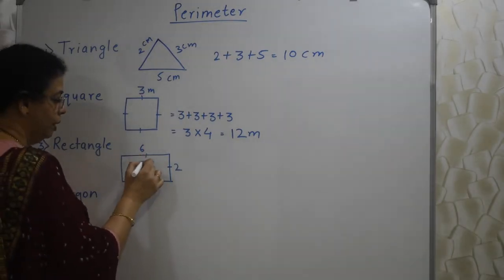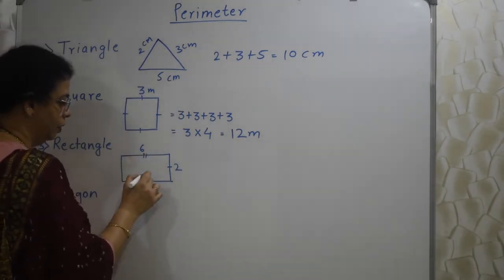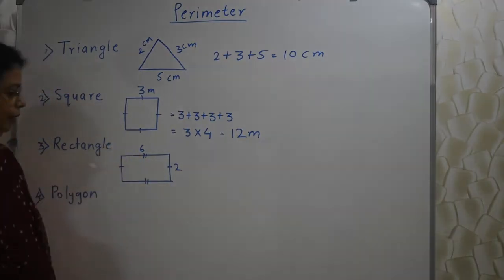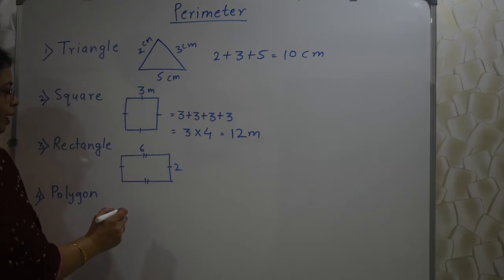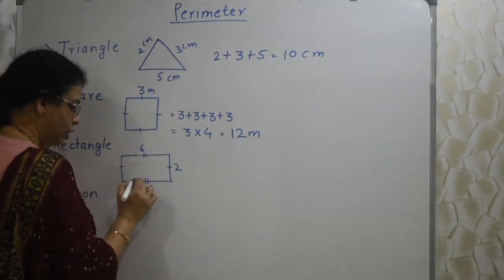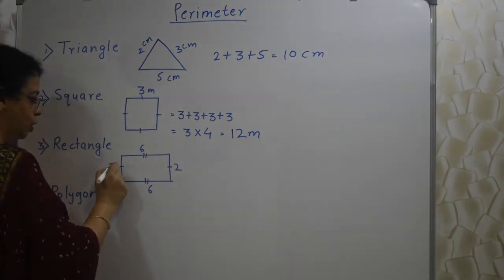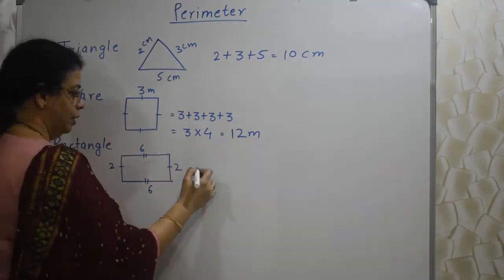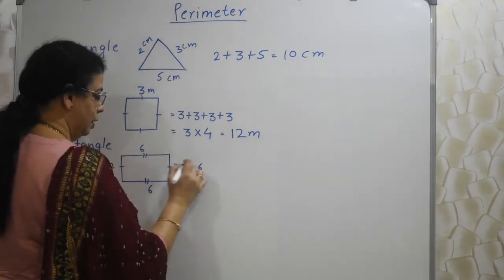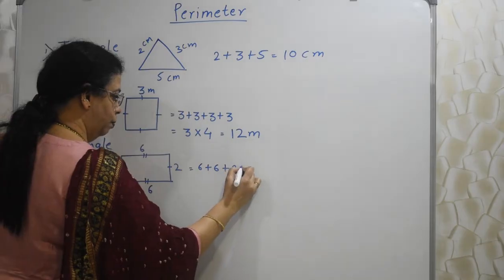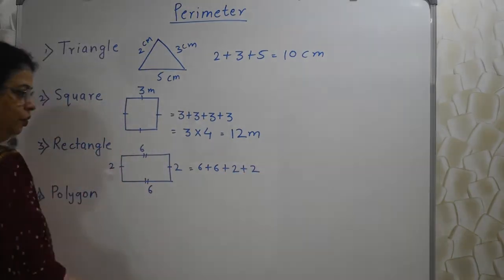So, this will be the same as this, and this is the same as this. So, how to find out the perimeter? This is 6, so obviously this also will be 6; this is 2, so this one is 2. Perimeter is the sum of all the sides. So, 6 and this 6 plus 2 plus 2, right?